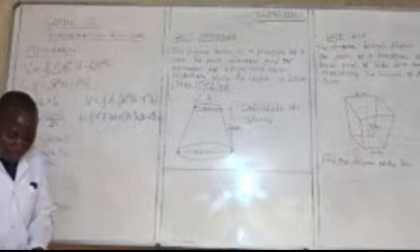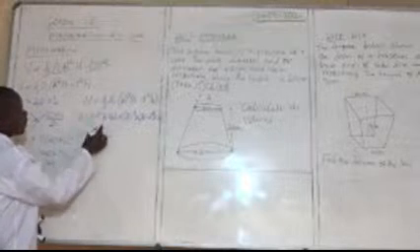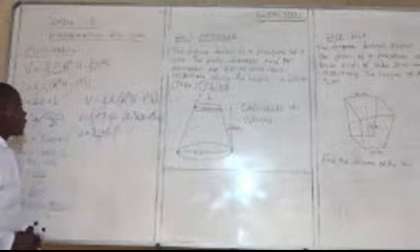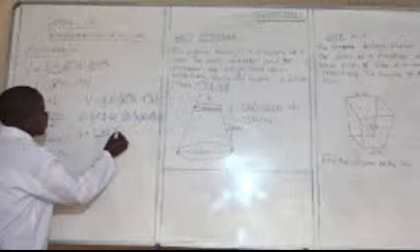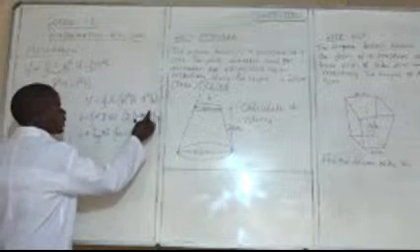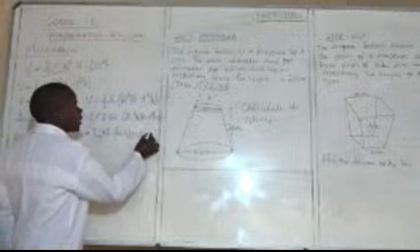Then you simplify. You can even get your calculator now. V is equal to 3.142 over 3 times 21 squared. So you go to your calculator: 21 squared, we get 441. 441 times 30 minus 7 squared, we get 49 times 10.